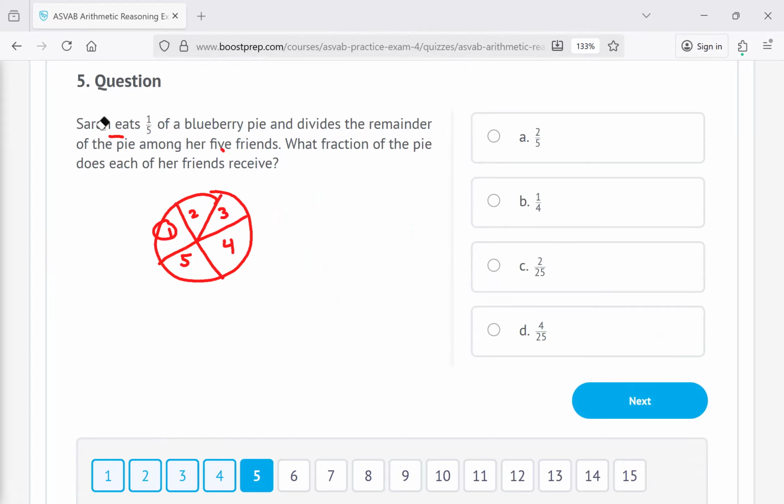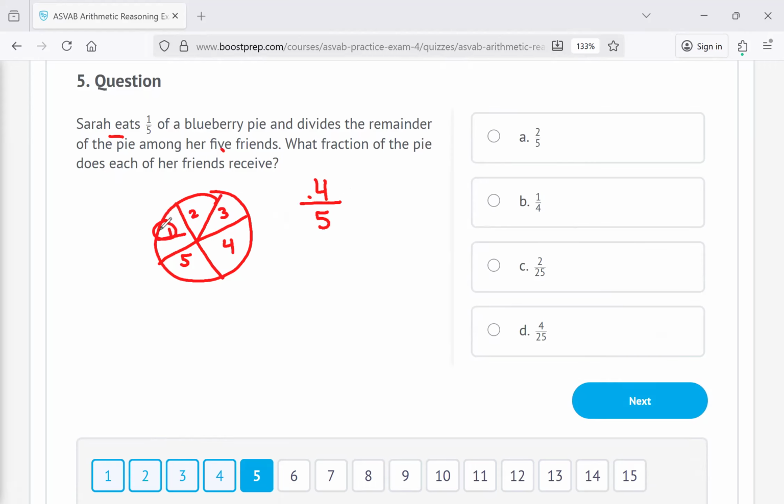Okay, I get it. Sarah eats 1/5 of the blueberry pie and divides the remainder of the pie among her 5 friends. So if she eats 1 piece, that means there are only 4 pieces, right?